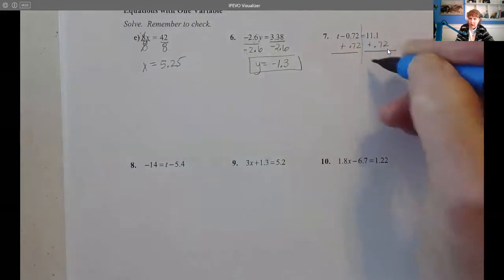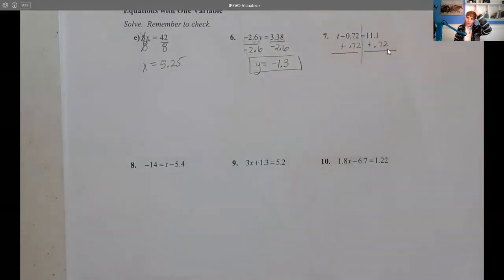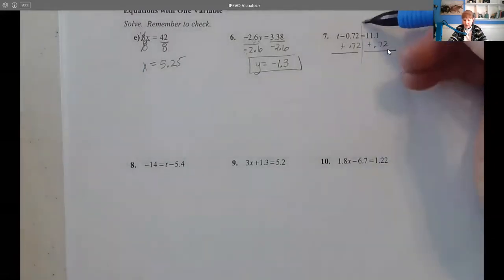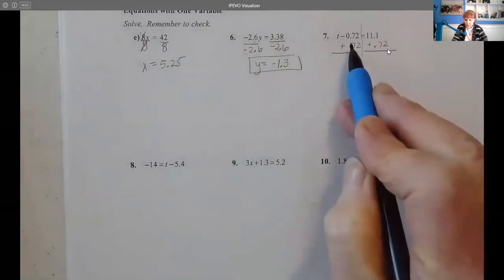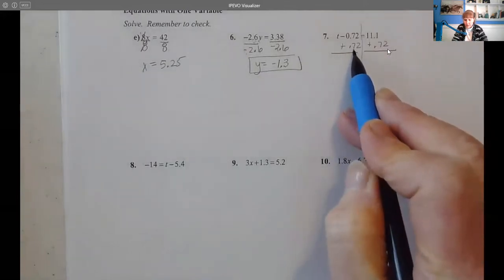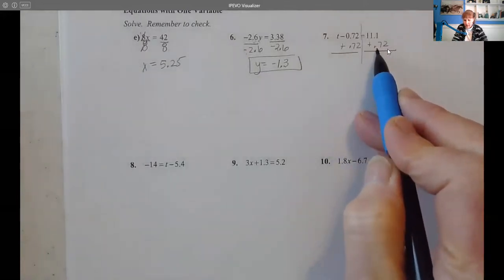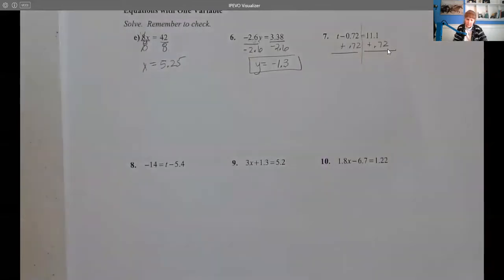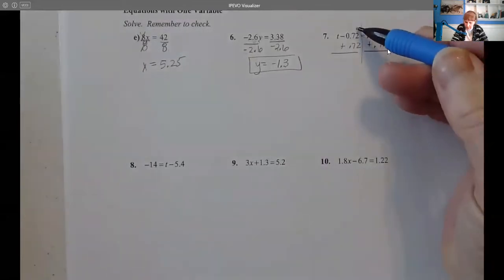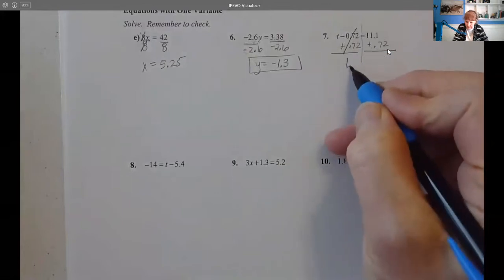I haven't been drawing that line, but just remember, whatever you do to one side of the line, you do to the other. It's that equal sign that has that line through it. So whatever you do to one side of the equal sign, you do to the other. I didn't put my 0 in front of my decimal, but that's okay. So those cancel out.